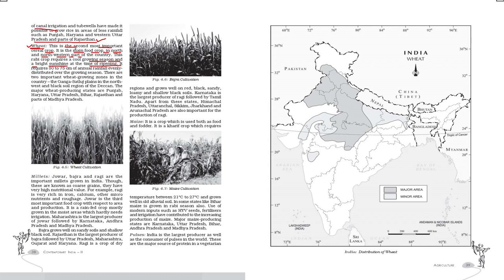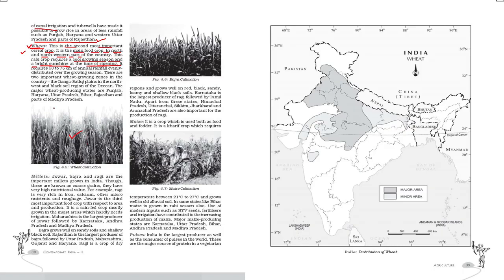Rice was a kharif crop. Opposite to it, wheat is a rabi crop. And it requires a cool growing season and bright sunshine at the time of ripening. When the seed of the wheat is ready in the plant, at that time it requires a lot of sunshine so that the moisture from the seed evaporates and it turns into a dry seed.